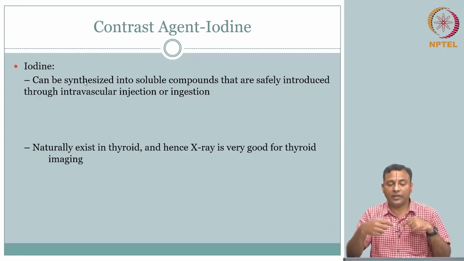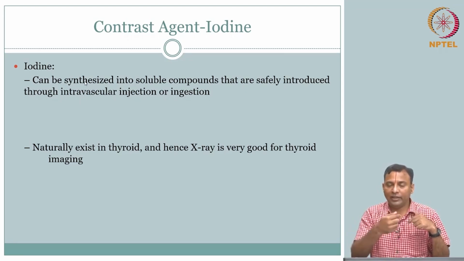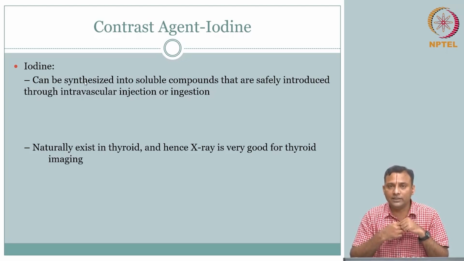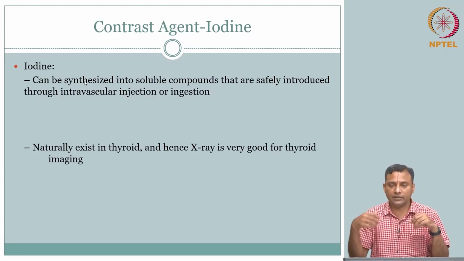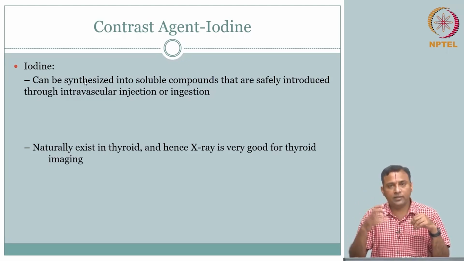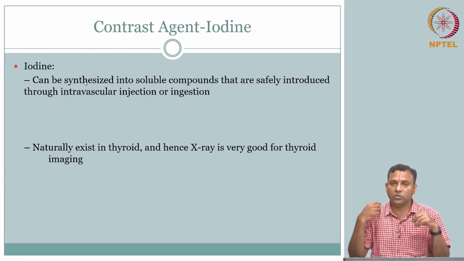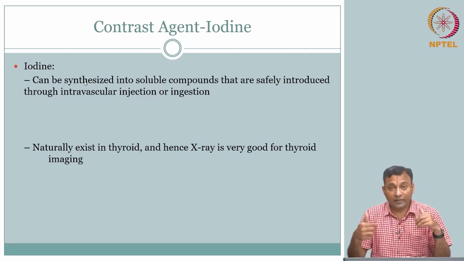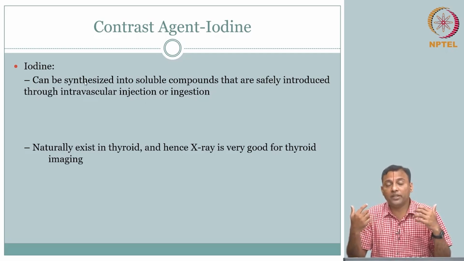Wherever this iodine goes, when the X-ray crosses the path, it is going to attenuate it. So when it goes through the circulatory system, you can send the X-rays through and say, okay, this is where the iodine is going. You can track it, even like in fluoroscopy, that's what we do.